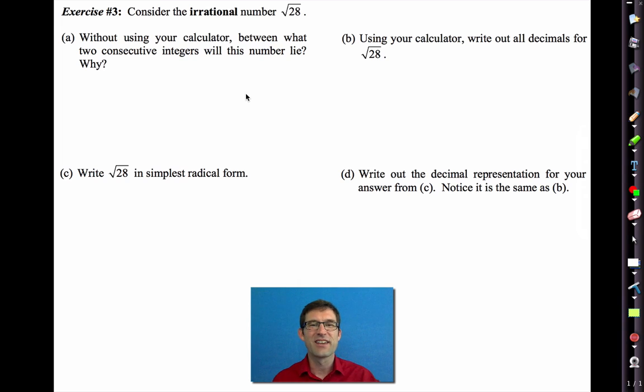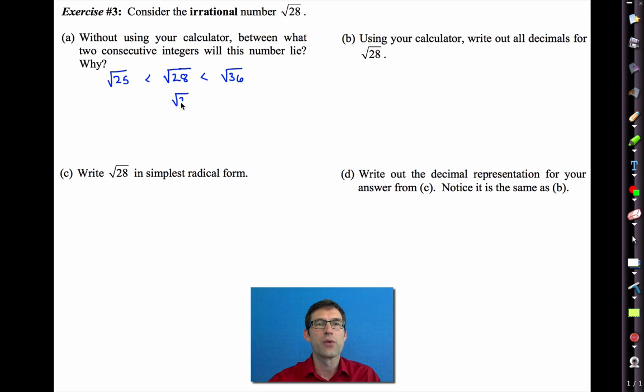All right, let's take a look. Well, here's how we do it. Hopefully this will make sense. The square root of 28 must lie between the square root of 25 and the square root of 36. If we wanted to get fancy, we could use inequalities. So the square root of 28 is greater than the square root of 25, and the square root of 28 is less than the square root of 36.